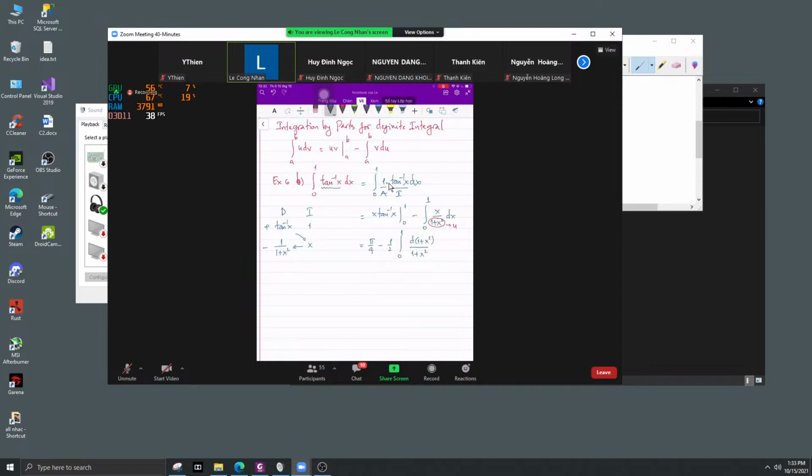Okay, and therefore we get pi over 4. We multiply by 1/2 to get balance, minus 1/2 the ln of 1 plus x squared from 0 to 1. So we get pi over 4 minus 1/2 ln 2. Okay, plugging 0, we get ln 1 equals 0. So this is the final result.